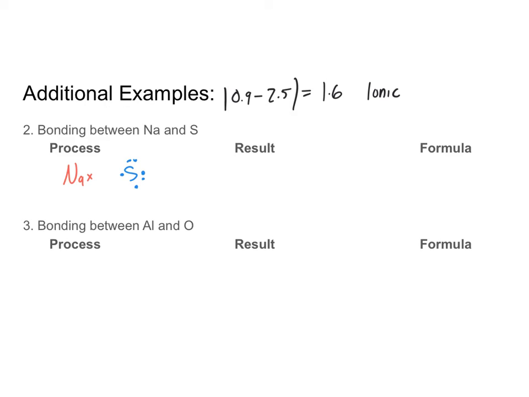So that arrow would look like this. But at this point, sodium has lost its 1 electron, and it's a +1, and that's good. But sulfur isn't satisfied. It doesn't have 8 valence electrons. So if I were to draw that right now, that would look like this.